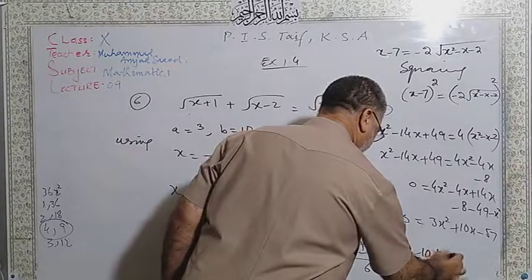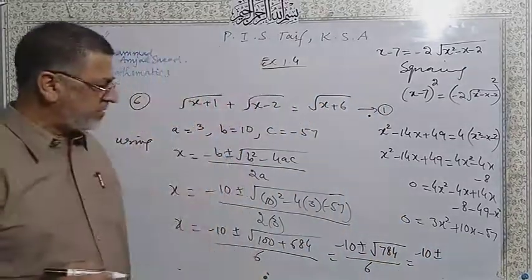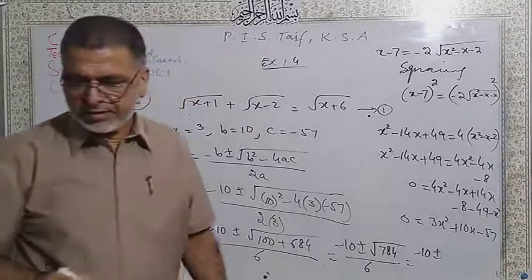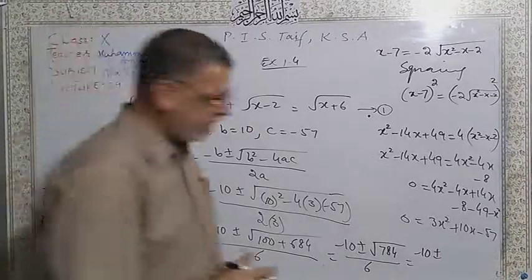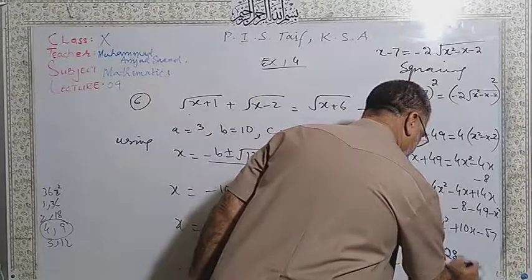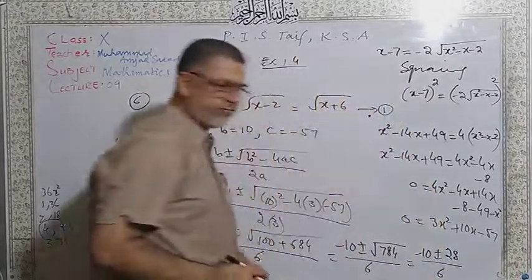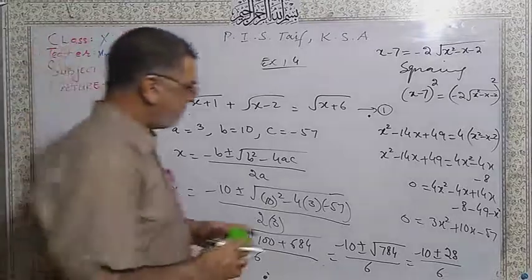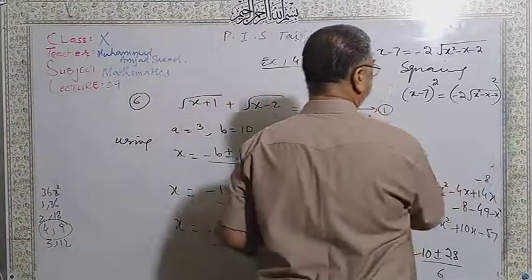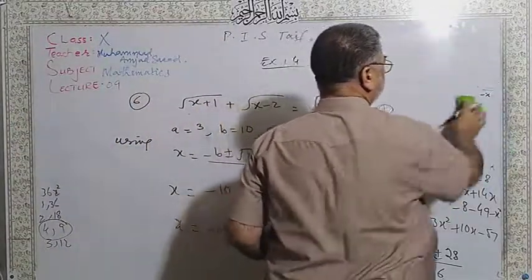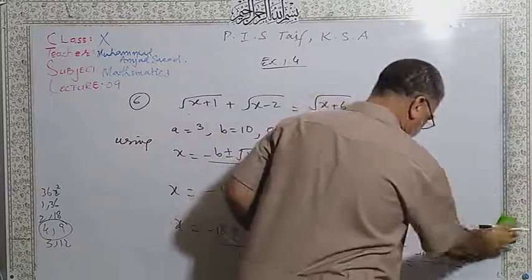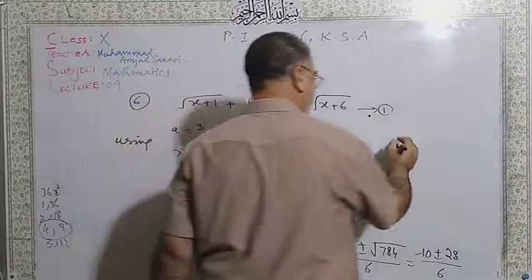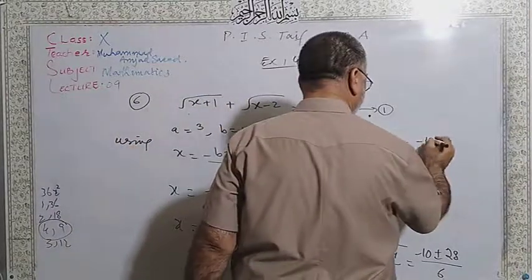Square root of 784 is basically 28, over 6. So dear students, we will have the two values of x and after that we will check for the extraneous root. You will write down one positive, one negative.